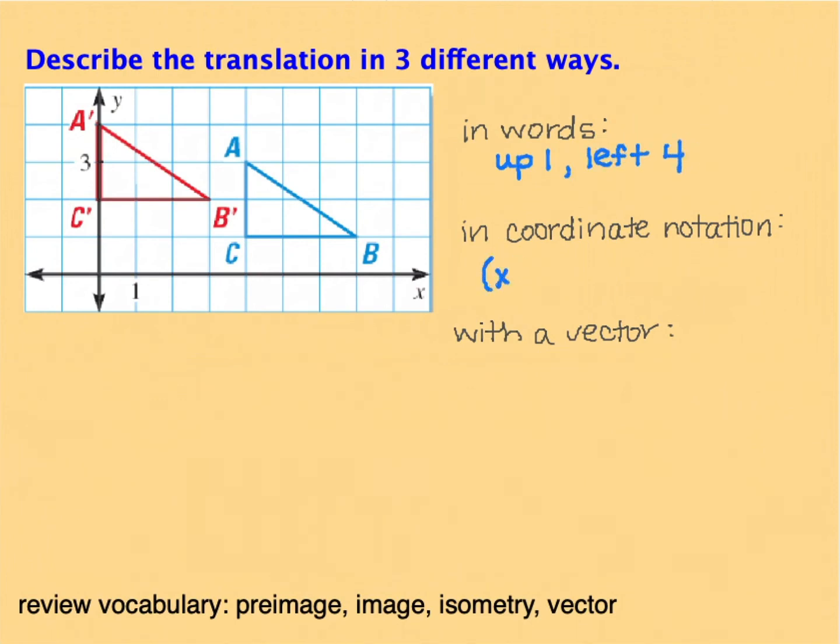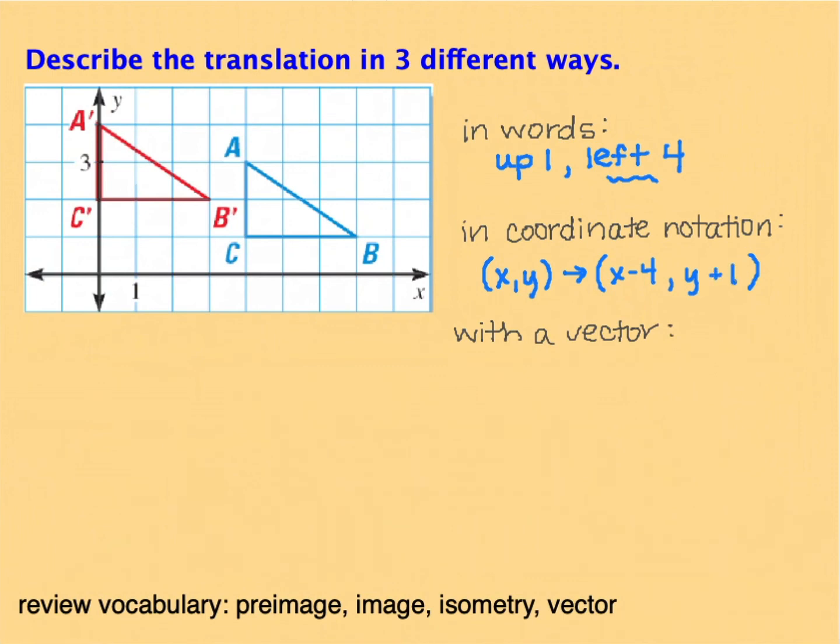Remember, in coordinate notation, we talk about the pre-image having points at x, y, and then what would happen to the x and what would happen to the y at each vertex. Is it the up or the left that is going to affect my x value? Remember, right and left is the x-axis, so it'll be x. +4 or -4 for a left 4? -4 means moving to the left. And so then the up 1 is going to show up on the y value.